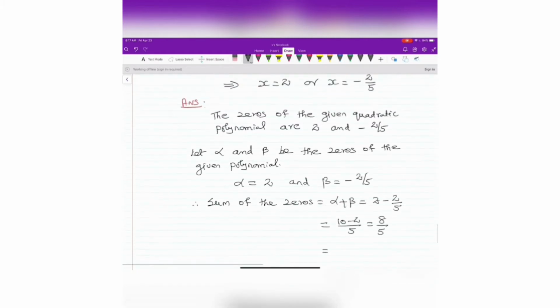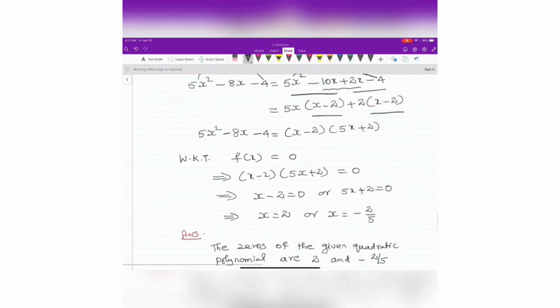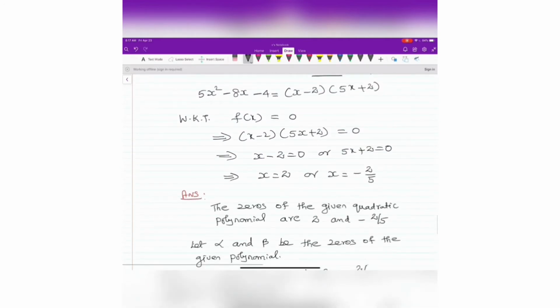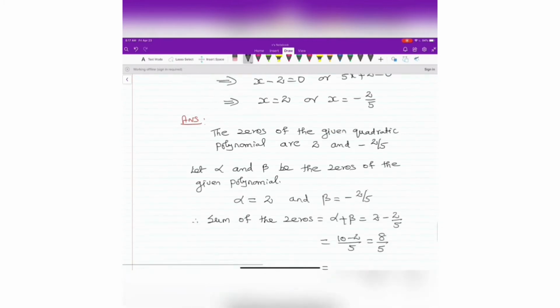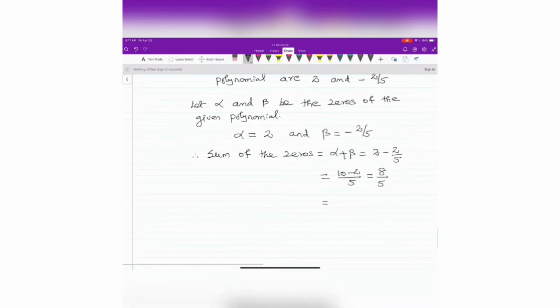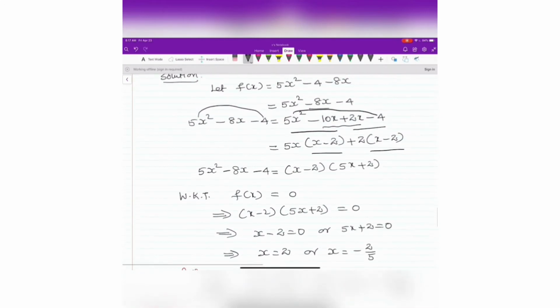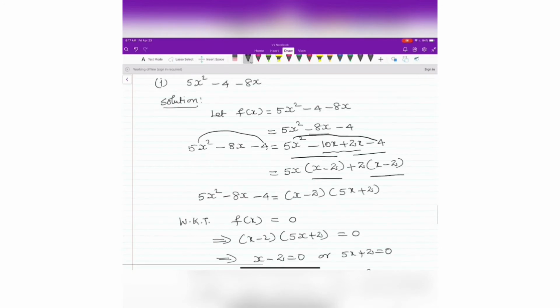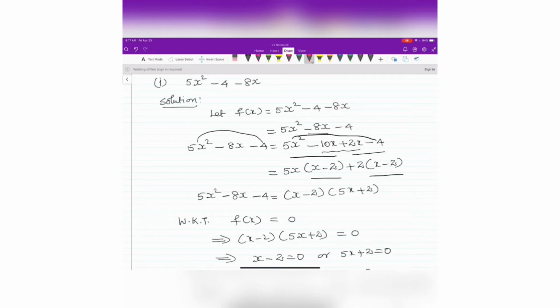Now, if you see the given polynomial, it is 5x square minus 8x minus 4. So, I can write this as minus of minus 8 by 5, which is equal to minus, what is minus 8? If you see here, minus 8 is the coefficient of x.